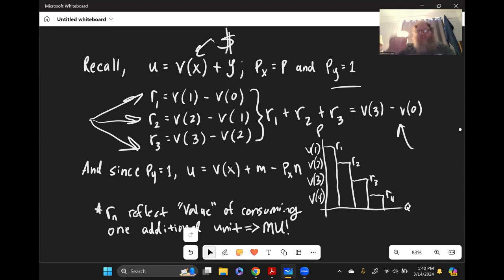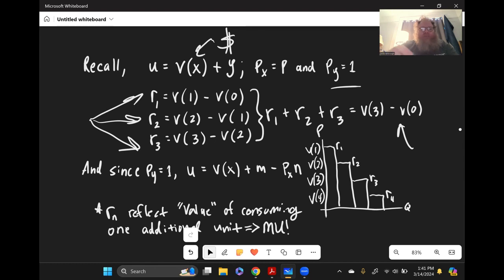So the reservation prices constitute changes in the value that we receive when we change our consumption of the particular good. Now, like I mentioned in last class, this means that reservation prices are tied to marginal utility. In this particular circumstance, the change in utility that I get from X is literally the change in value.